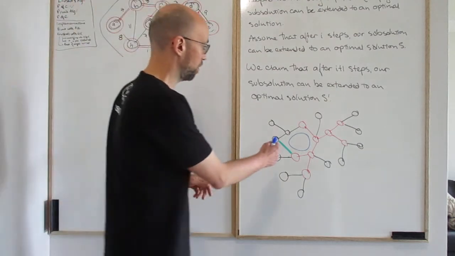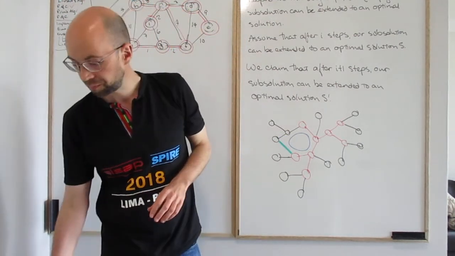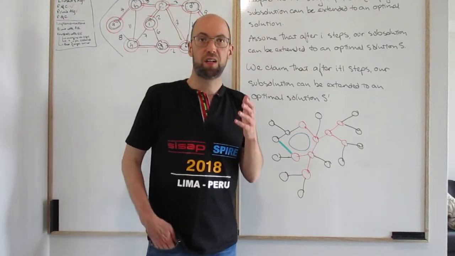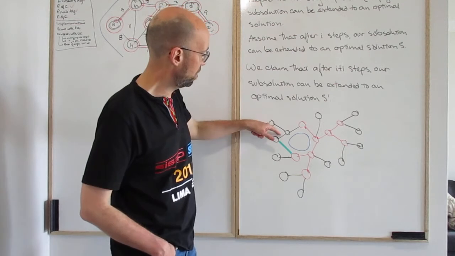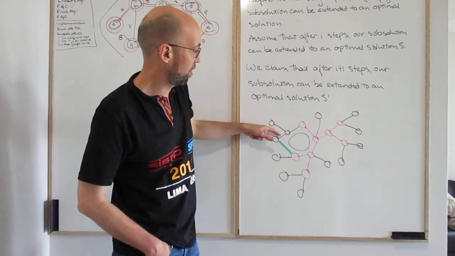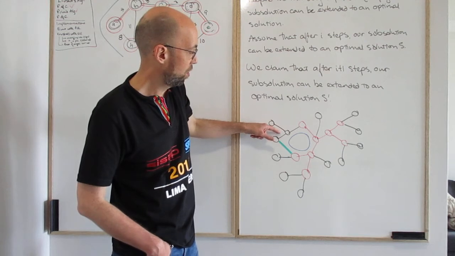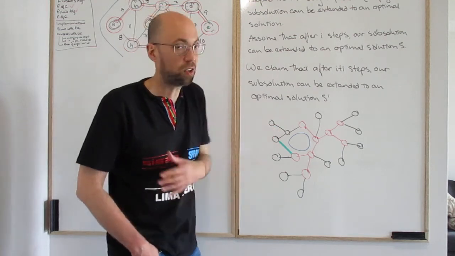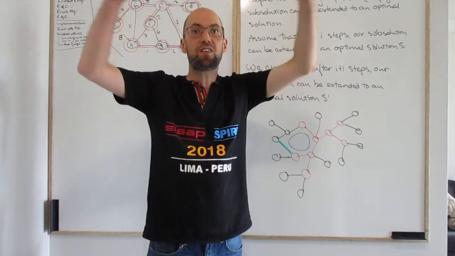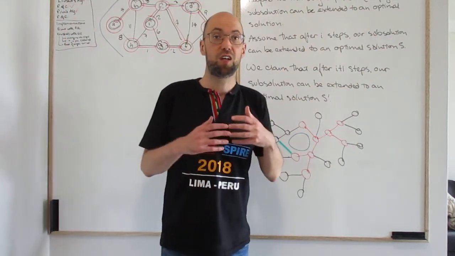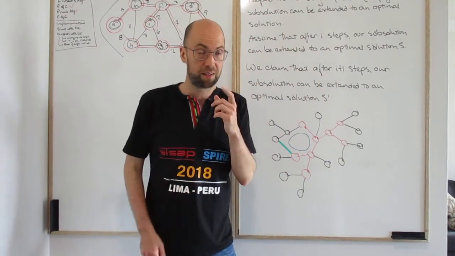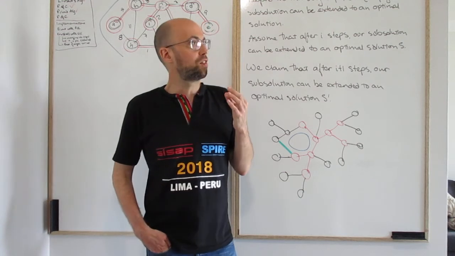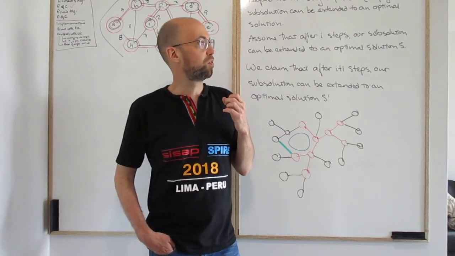It's not true that all of the black edges on this cycle are heavier than the edge we just took, because this edge could be lighter than this one. We couldn't consider it yet because we couldn't reach it. We're only considering the edges that are incident to the tree T we've built so far. Okay? But now I think I asked this on a quiz in the fall semester, which was very cool.